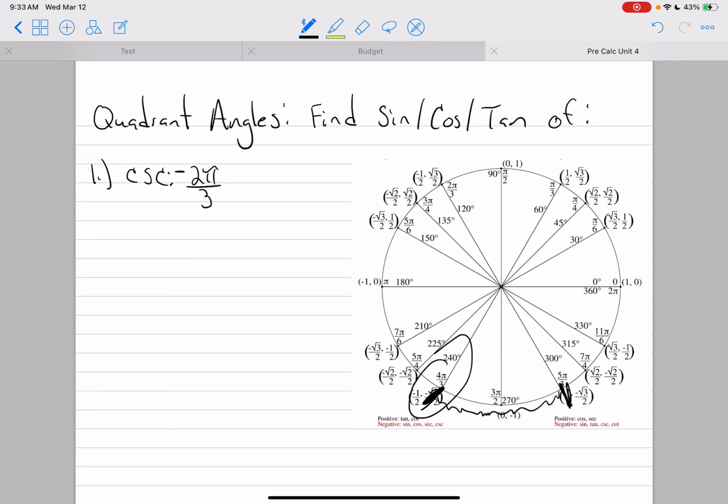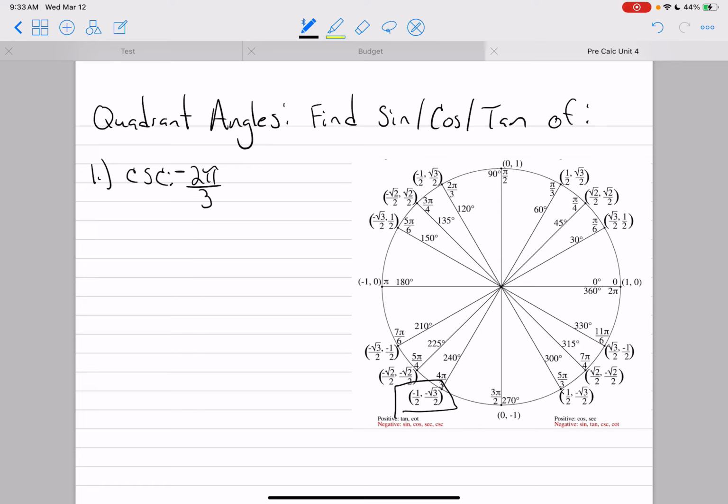So this is the spot that I want to look at. Now I'm going to erase all of that because I'm just counting backwards. So I went negative 1/3, negative 2/3, right? So it left me at this piece right here. So I have to find the cosecant of negative 2/3.